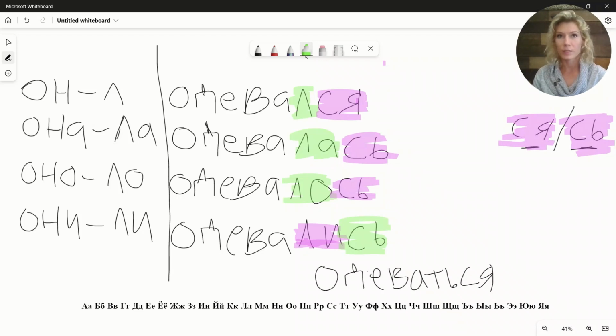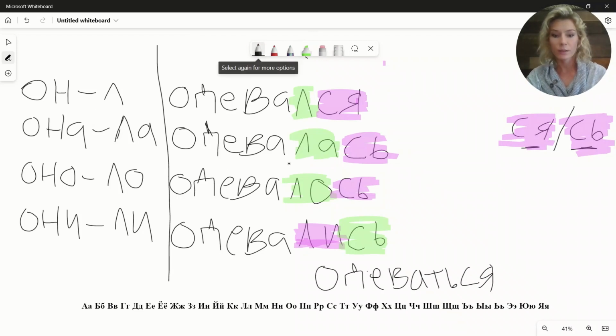There's this other verb, it's called заниматься, and this is like to engage in an action or to do something. Заниматься ends with ся, it's a reflexive verb, so I could say я занималась. Since I am a female and I'm using the feminine gender, I'll circle the ending that I'm using for you right here.